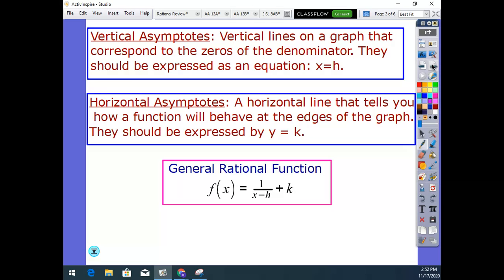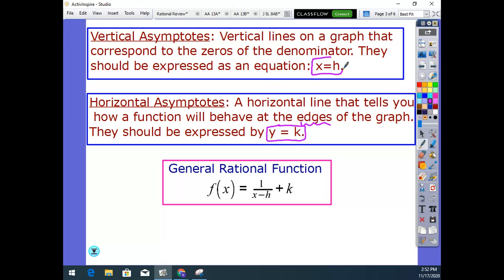Horizontal asymptotes are horizontal lines that tell you how a function will behave at the edges of the graph. So as x gets really, really small, or as x gets really, really big. And those should be expressed by y equals k.